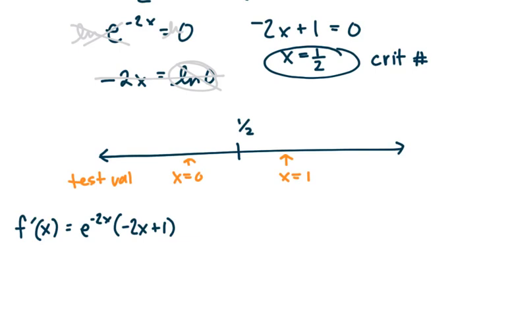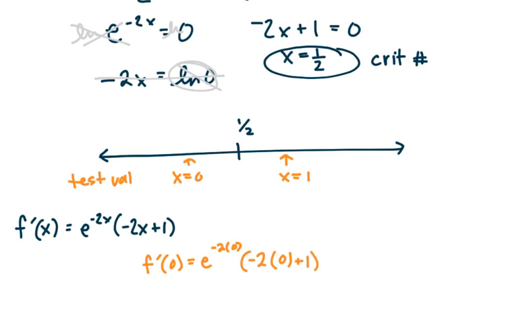So when I test x equals 0, f prime of 0 is e to the negative 2 times 0. That's just e to the 0. And negative 2x, or negative 2 times 0 plus 1.